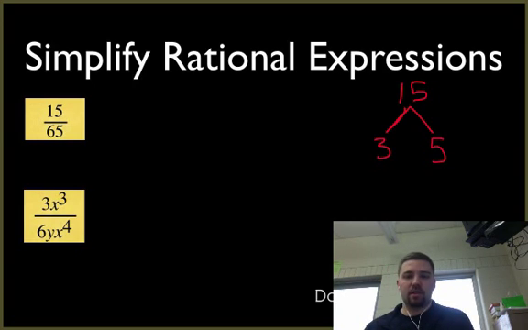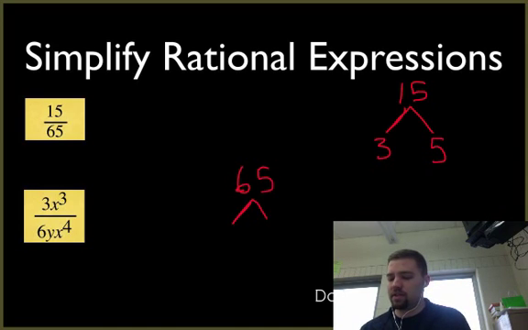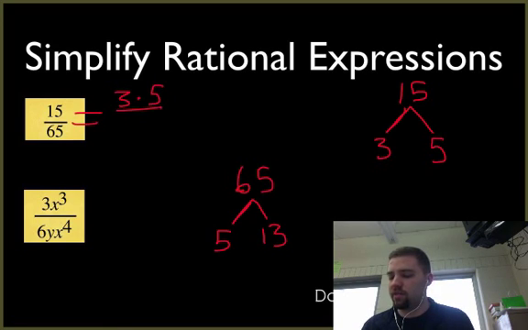And then I'm going to also factor 65. If I divide that by 5, that gives me 5 times 13. So 15 over 65 could be written as 3 times 5 divided by 5 times 13.